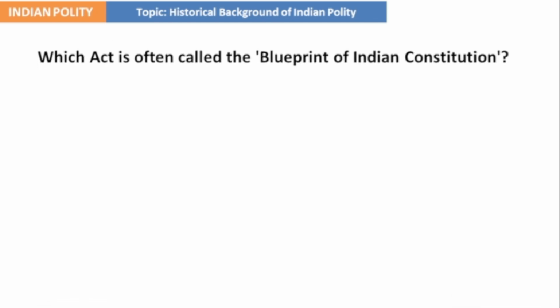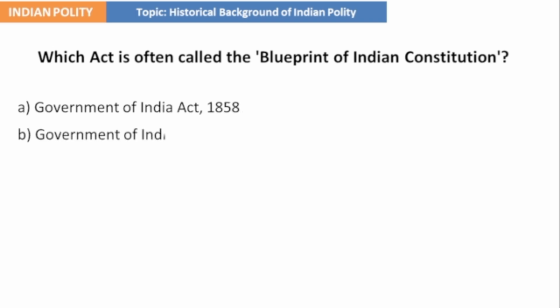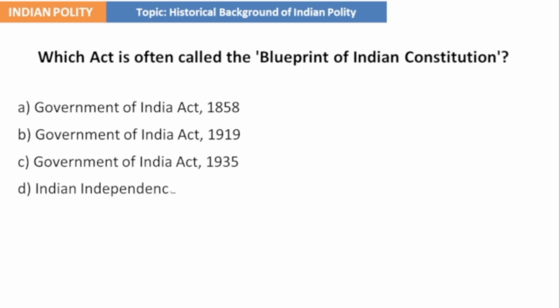Which act is often called the blueprint of Indian Constitution? Right answer is option C, Government of India Act 1935.